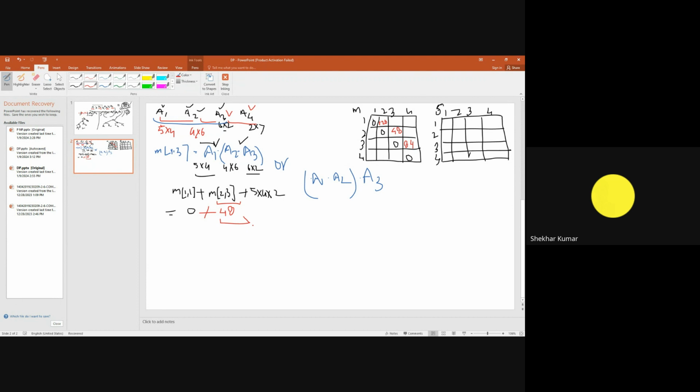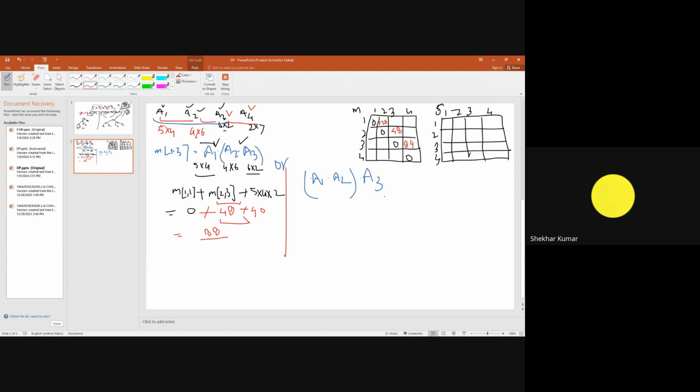And if we have to use them, we will directly use the solution from that table, because the dynamic approach uses memoization. That is 48, and this value is 40. So the overall cost is 88. In the first approach, the cost is 88.